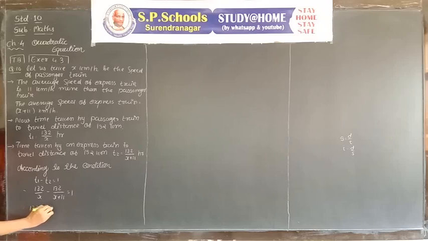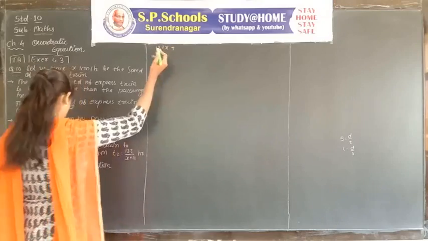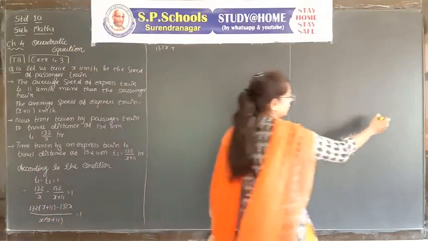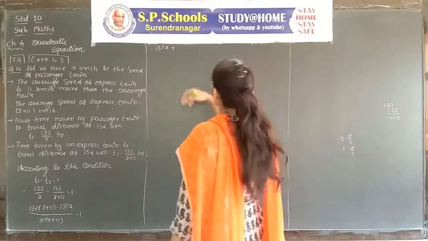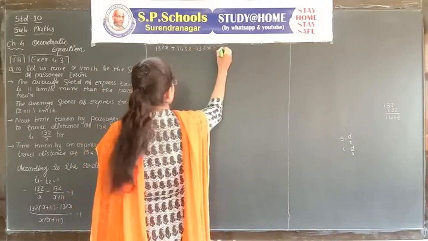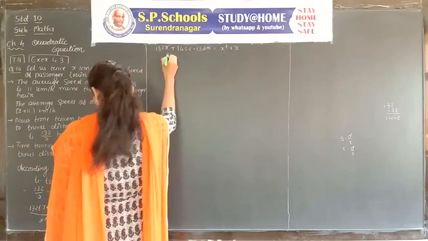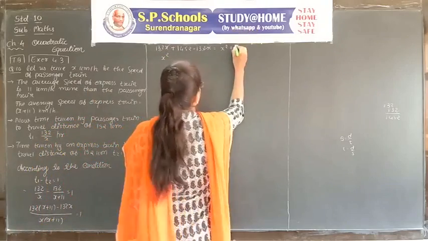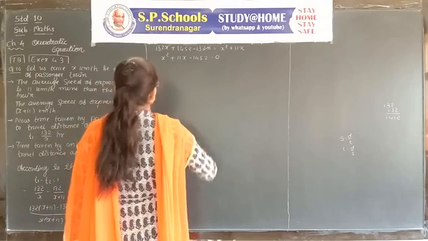Taking LCM here, 132x plus 132 multiplied by 11, 1452, minus 132x is equal to x square plus 11x, both are cut, x square plus 11x minus 1452 is equal to 0.